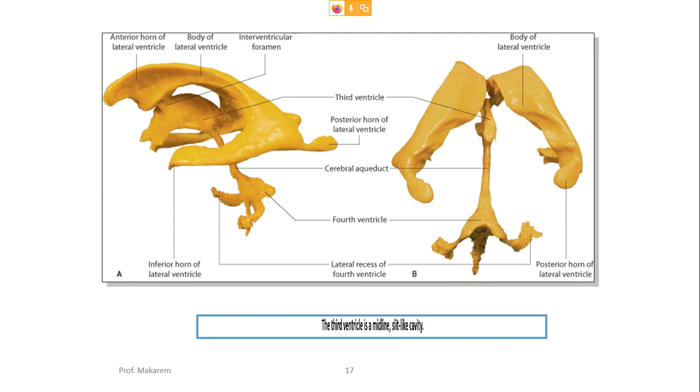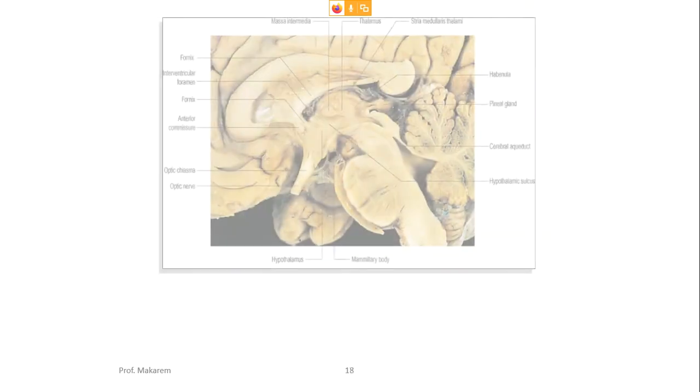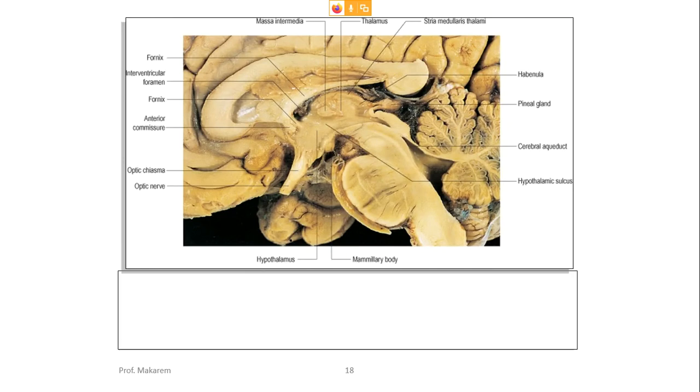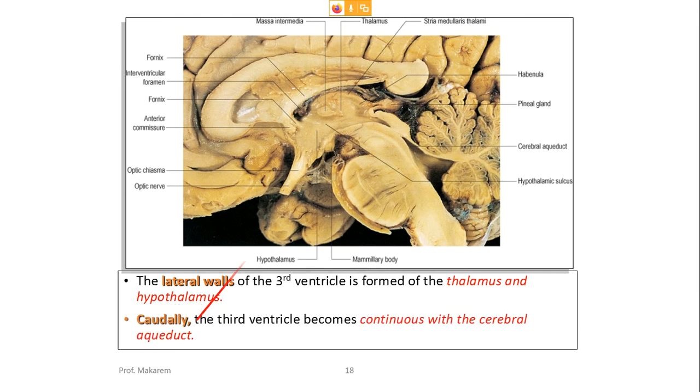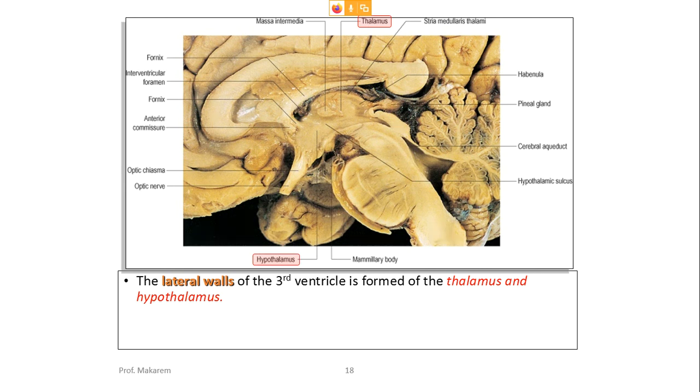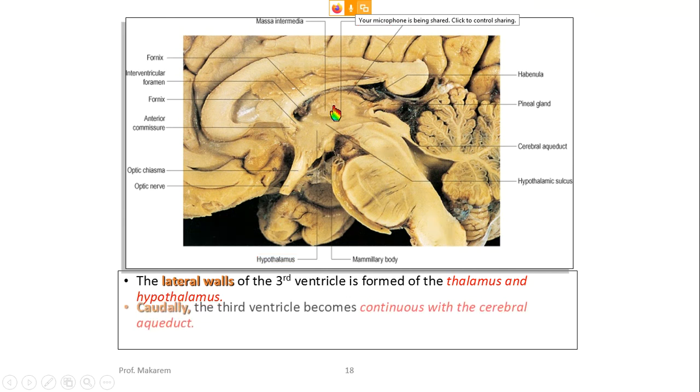Then, topographical anatomy. How can we identify it? The third ventricle is a midline slit-like cavity. You can remember that the lateral walls of the third ventricle are formed by the thalamus and the hypothalamus.